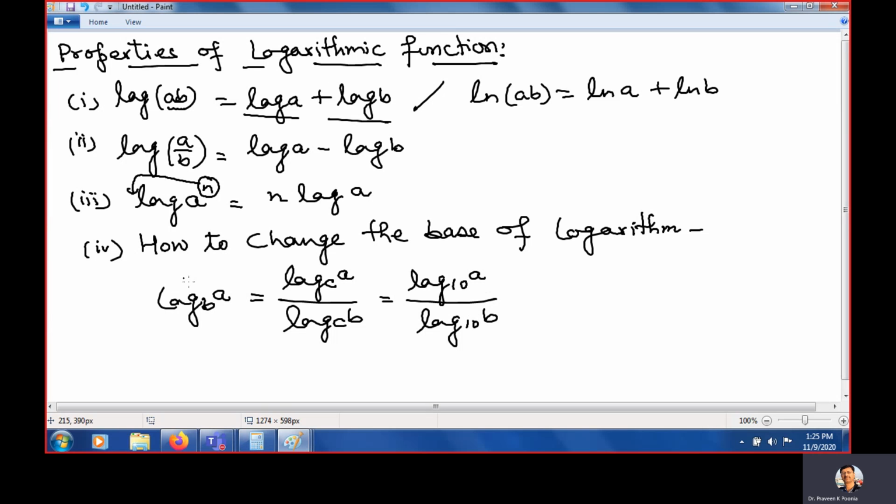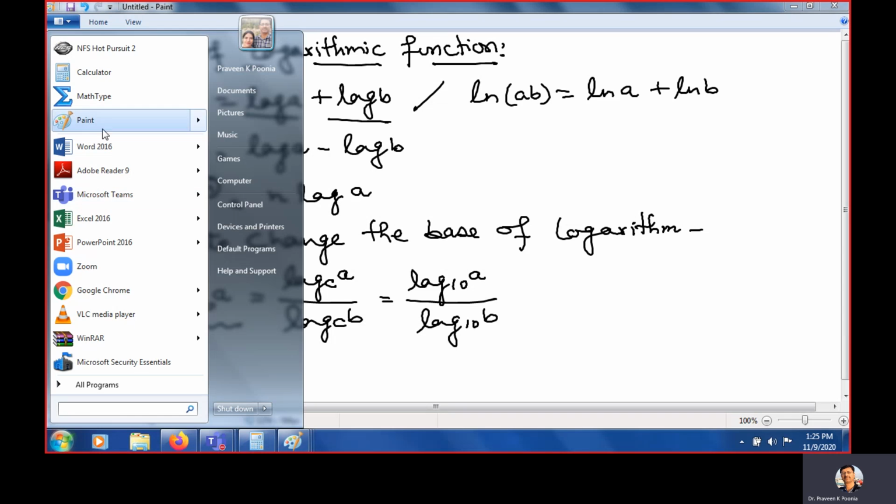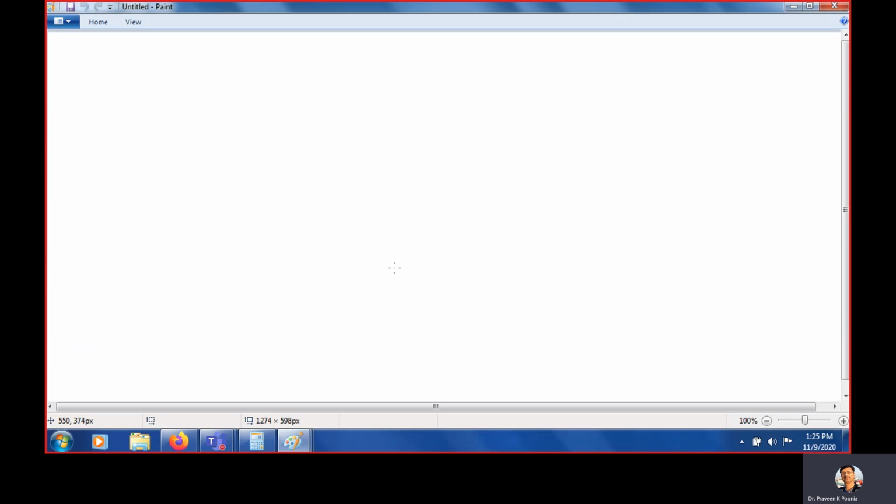So we choose base 10. So log of A base B can be written as log A upon log B. Clear? So first we are going to solve a few questions on property number 4. Then we will solve questions based on properties 1, 2 and 3. Clear? So the first question we are going to solve.